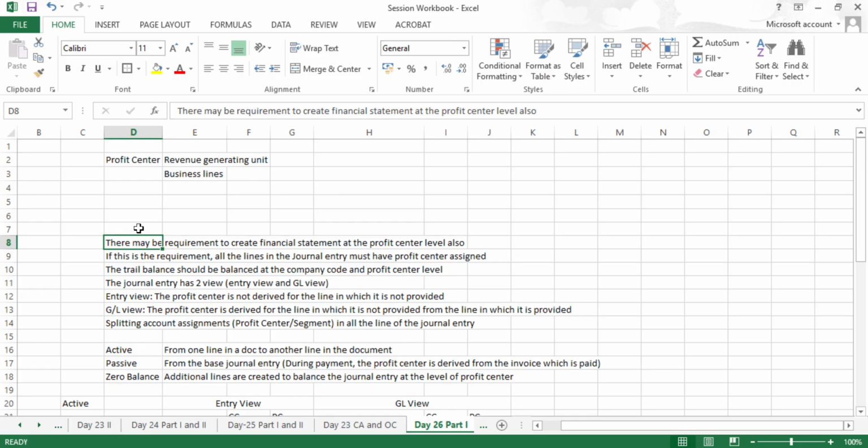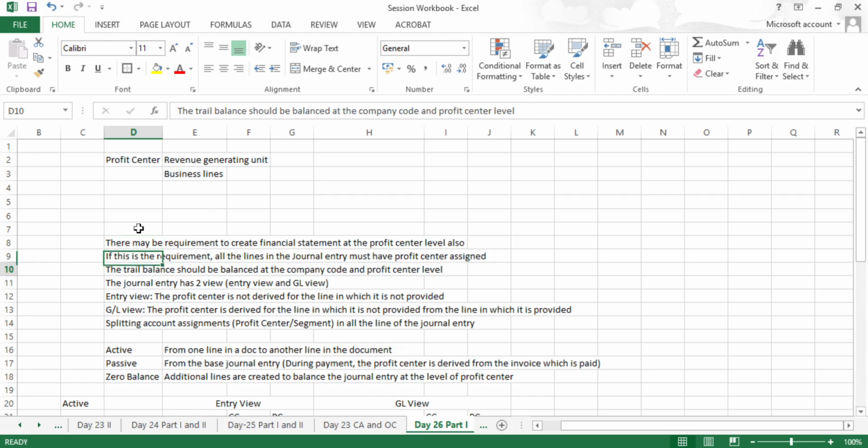So in order to draw the trial balance at the profit center level, it is a must that all the lines in the journal entry have a profit center, and the journal entry should be balanced at the profit center level, which we have seen in our three types of document splitting. The next point is, if the journal entry is balanced at the profit center level, ultimately the trial balance will also be balanced at the profit center level along with the company code level.